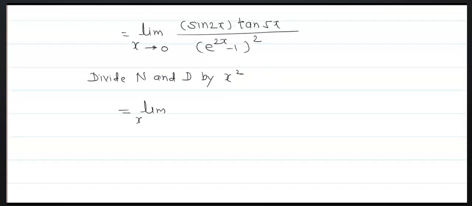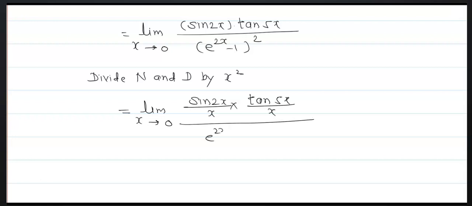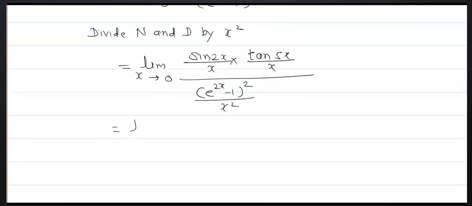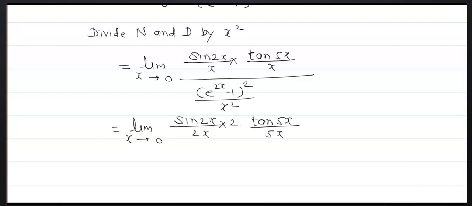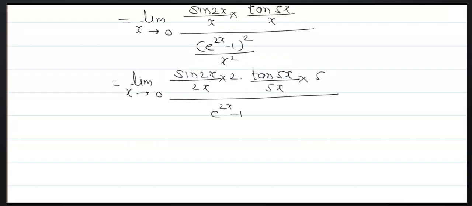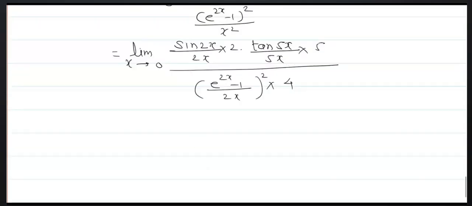Now divide n and d by x square, limit x tends to 0, sine 2x upon x into tan of 5x upon x. Adjust 5, that is 2 into 5.